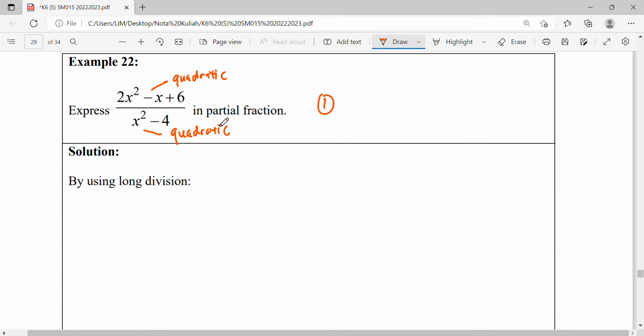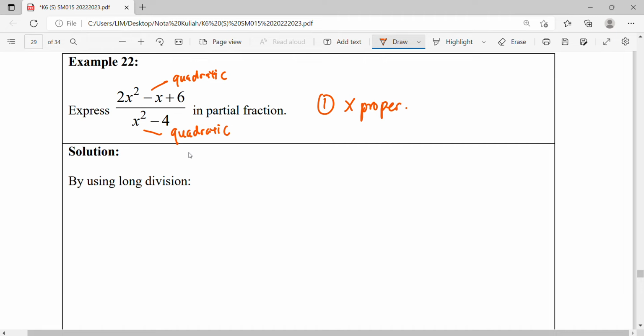When we have a fraction with the same or a higher power at the numerator, pengangka dia lebih besar ataupun sama dengan penyebut, so this is the same ranking, quadratic over quadratic, which means this fraction is not proper.